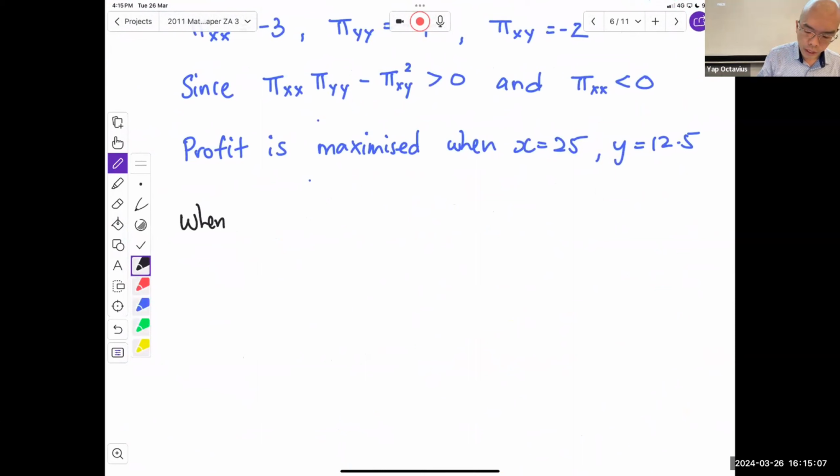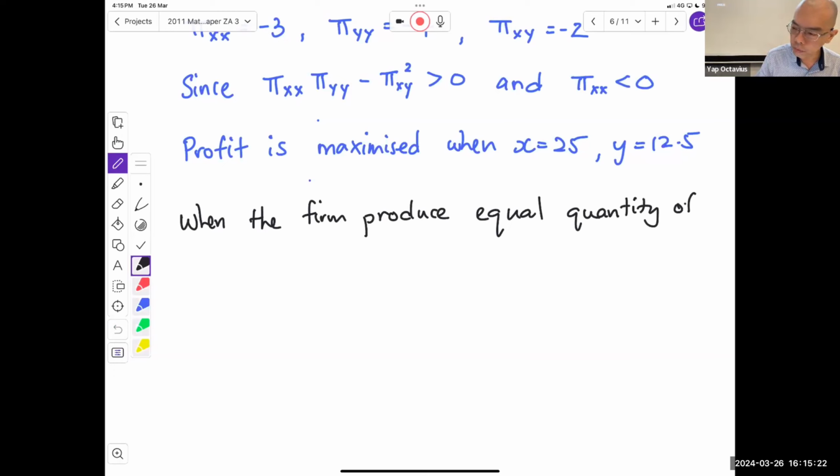When the firm produces equal quantity, then x is equal to y.